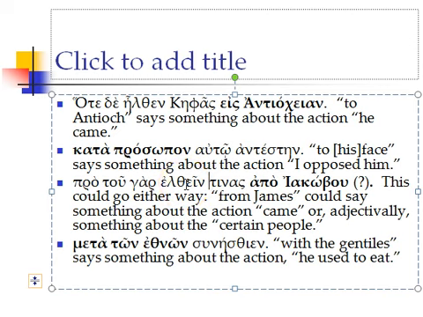Certain people came from James. Now, in this particular instance, there's not a great deal of semantic distinction. One could, if one pressed it, say, if it's adjectival, it's talking about a James party. James supporters came. If you take it adverbially, it's just talking about the point of origin of the movement of certain people. Certain people came from James.